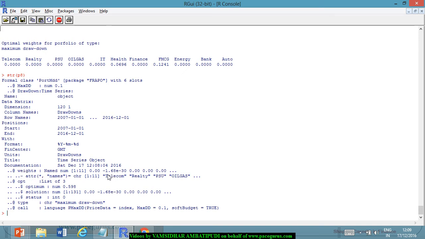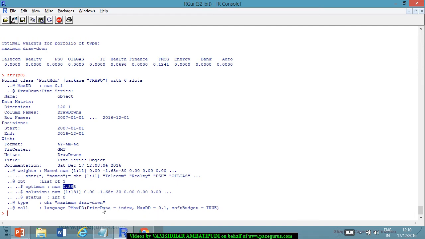Weight wise we have seen that in the majority of the sectors it's 0 itself, as we have seen earlier. The optimal value is coming out to be this much, but this is the typical solution that is working out, which is the weights across the different sectors. And the maximum drawdown is simply suggesting that only in two sectors I am allocating weights, and in all the other sectors I am simply omitting them.